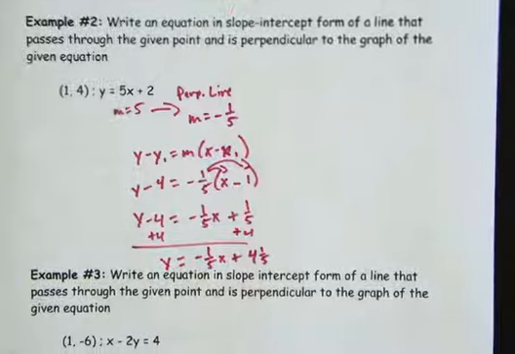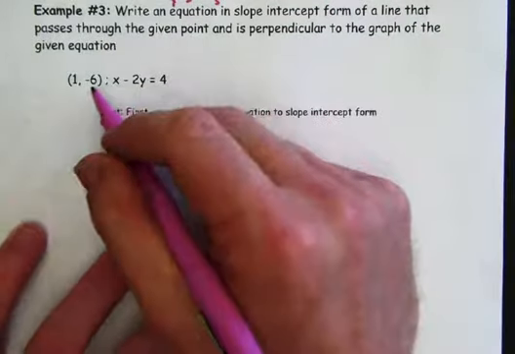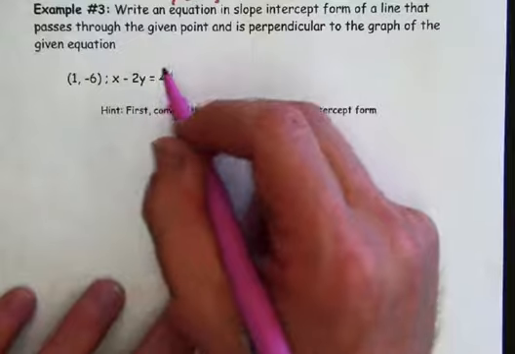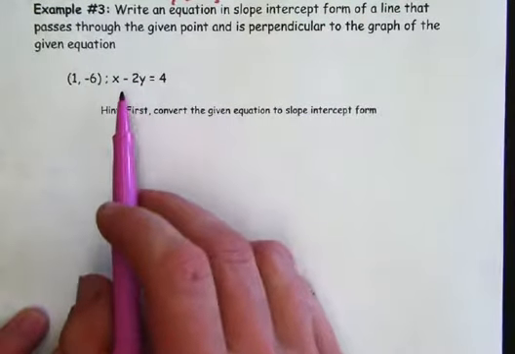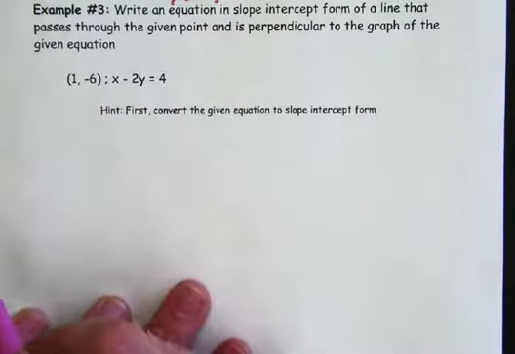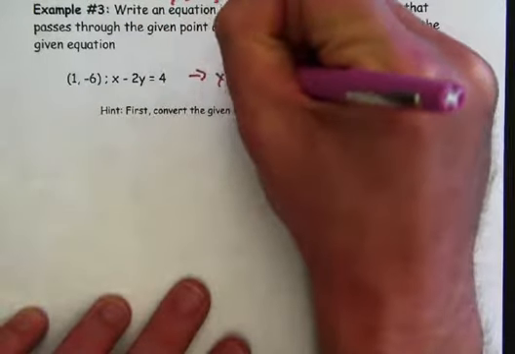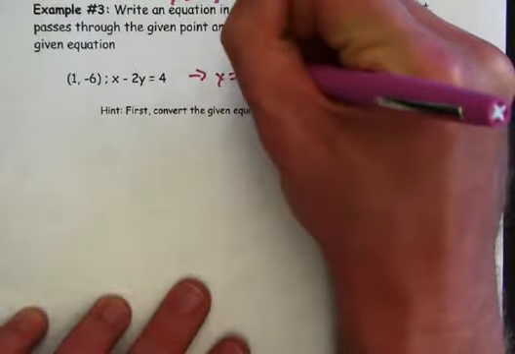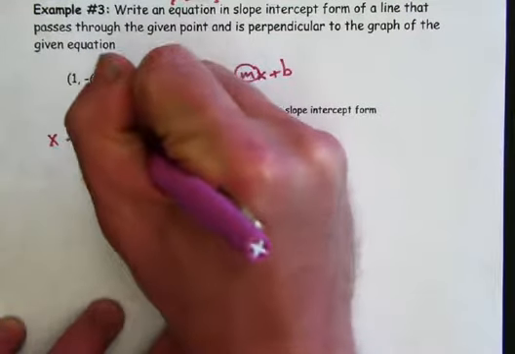Okay, and then one final one that we're going to work through together. Example 3, write an equation in slope-intercept form of a line that passes through the given point, perpendicular to the graph of the given equation. We get (1, negative 6), and we have x minus 2y equals 4. Once again, we're stuck in standard form, ax plus by equals c. We need to put this into slope-intercept form, y equals mx plus b. So we have x minus 2y equals 4.